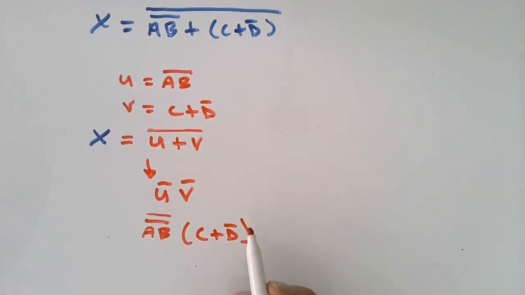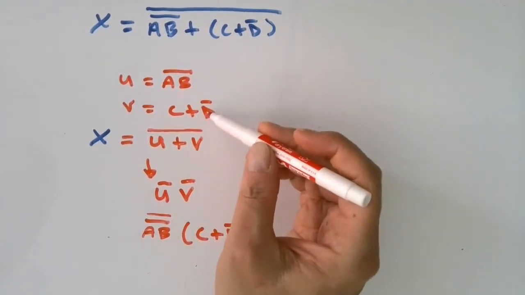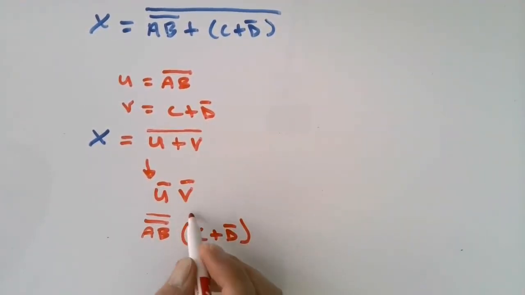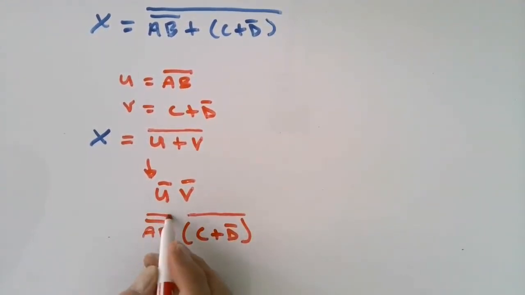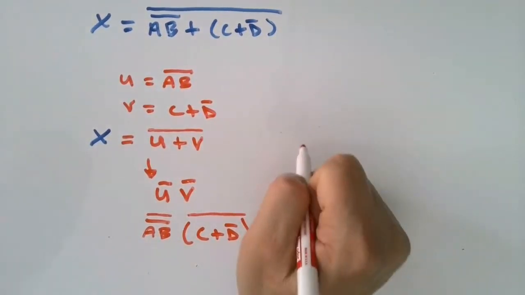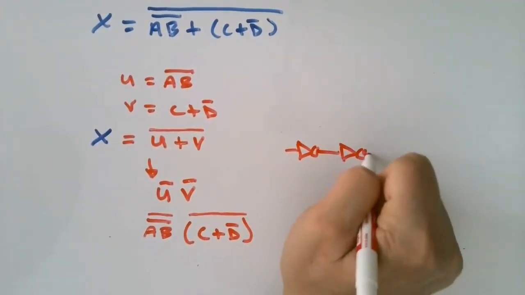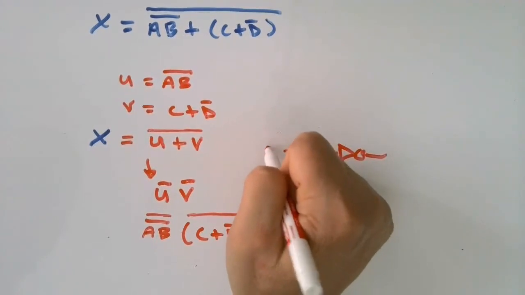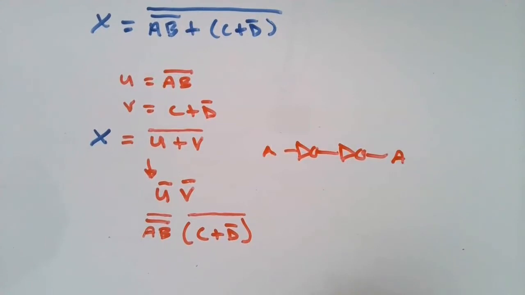Okay, in that case, do we have a bar on the top? The answer is yes, because V equals C or D naught, but we have a bar over the entire thing there. Now, when you see a double bar, that's saying we're complementing a complement. A way of looking at it is like this: if you have an inverter connected to an inverter, and we have an input A, the output will end up being A. It's complemented twice.